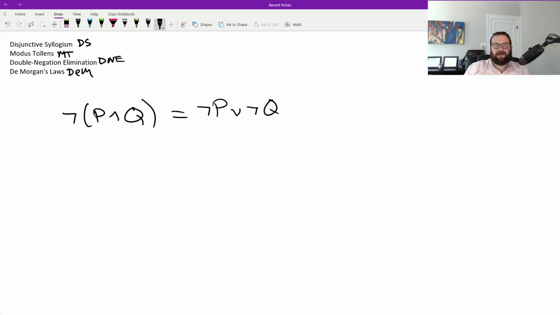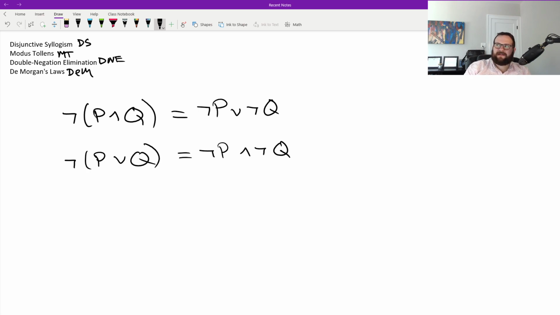Okay? It says, look, P might be false, Q might be false, at least one of them is, and maybe both of them are. So they say the same thing, logically speaking. Further, if you know that P or Q is false, not (P or Q), then you know not P and not Q. Okay? So these are the two forms.